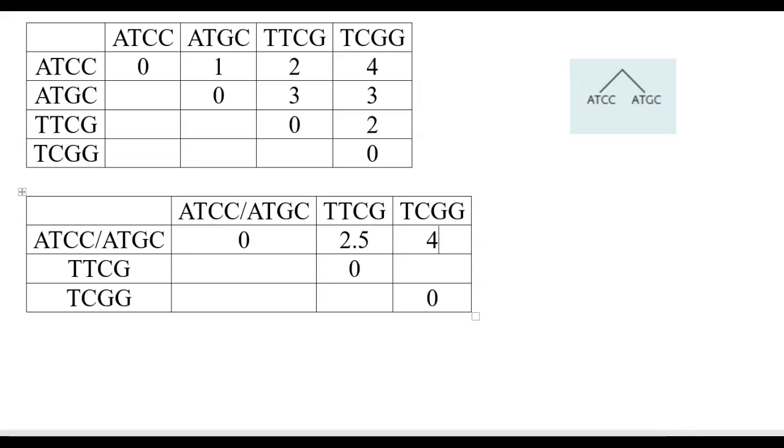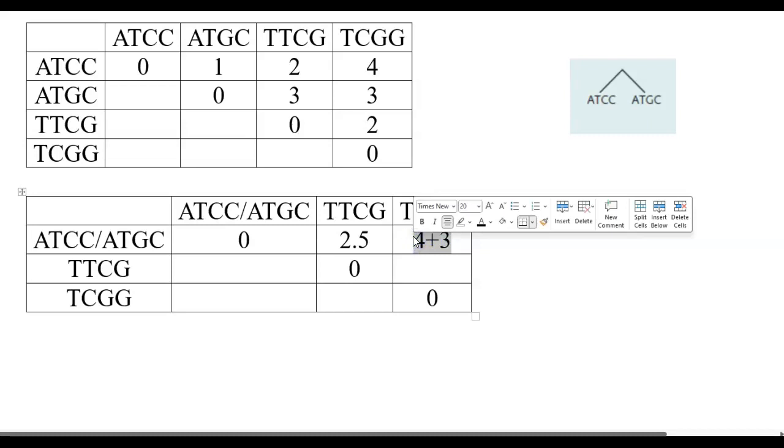And then the second one, whoa, let's try that again. The second one looks like there's a difference of 3 because the G is the same. So that's going to be 4 plus 3. And then I'm going to take the average of that, or basically times half, and I'm going to get 3.5.